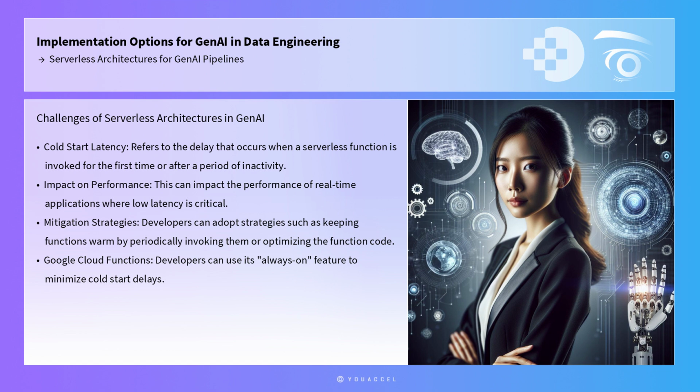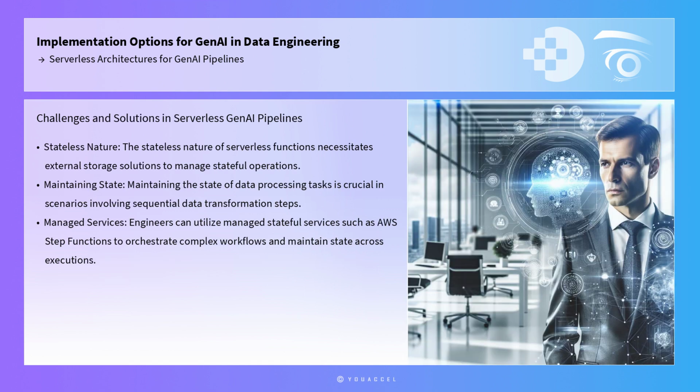To mitigate this issue, developers can adopt strategies such as keeping functions warm by periodically invoking them or optimizing the function code to reduce initialization time. Google Cloud Functions offer a similar serverless environment, and developers can use its always-on feature to minimize cold start delays.